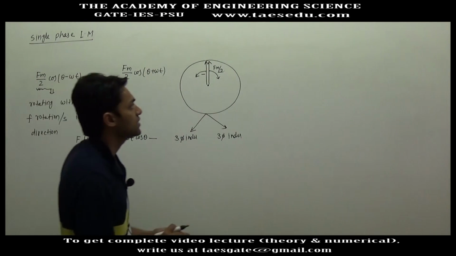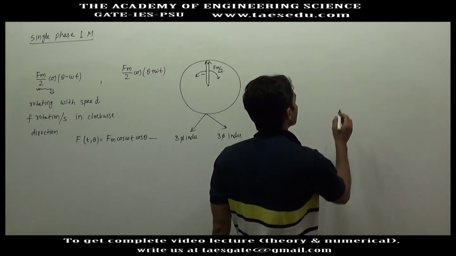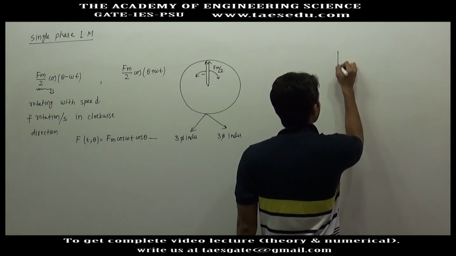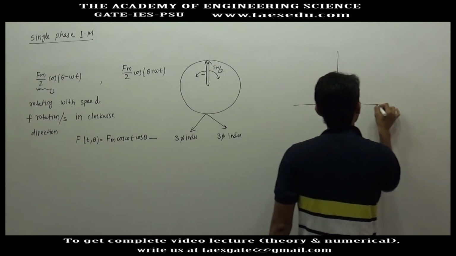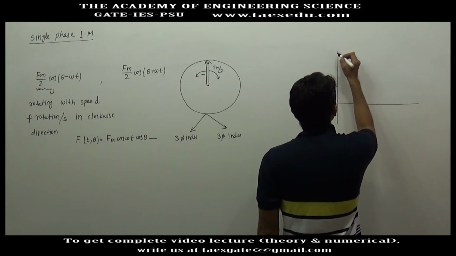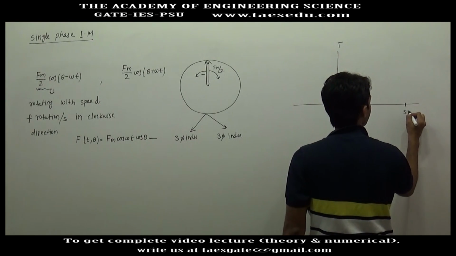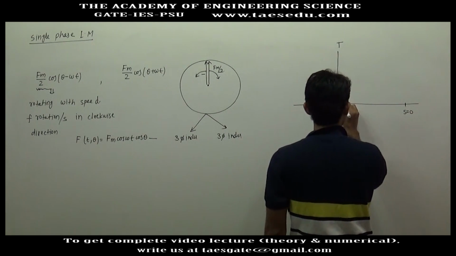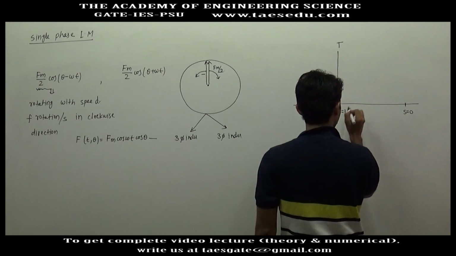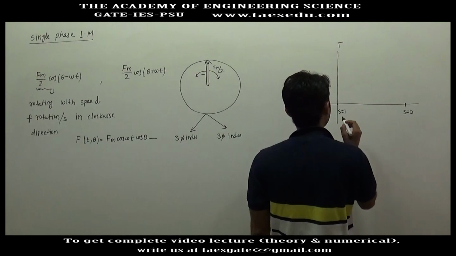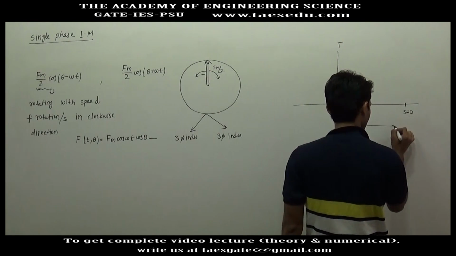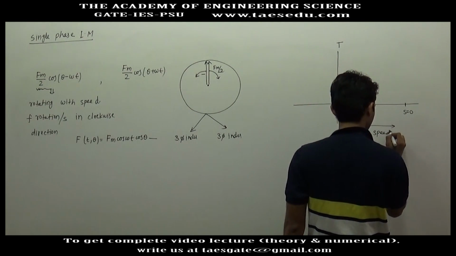Now if you remember the torque slip characteristic of three-phase induction motor, what is the torque slip characteristic? Here we have torque. Suppose that this is slip equal to 0, this is slip equal to 1. This is the direction of speed.